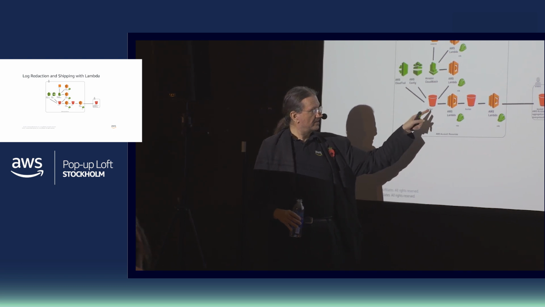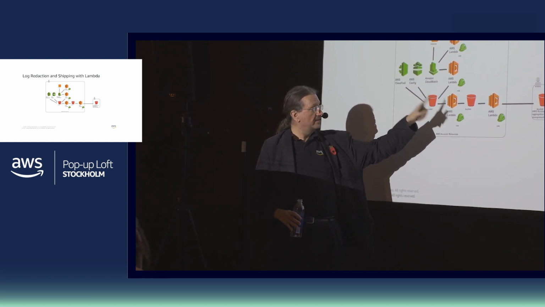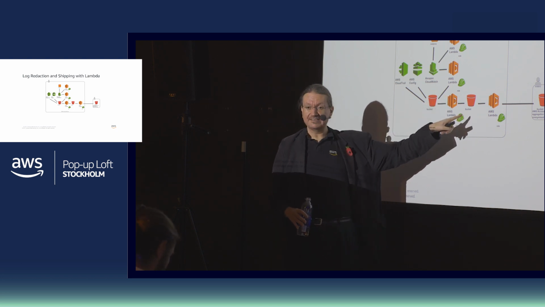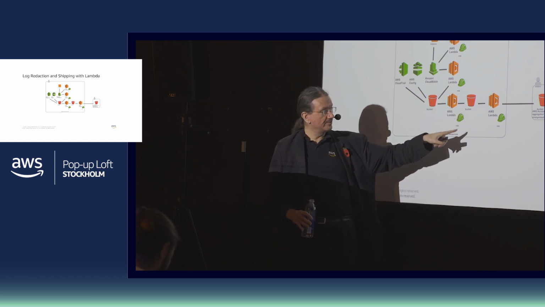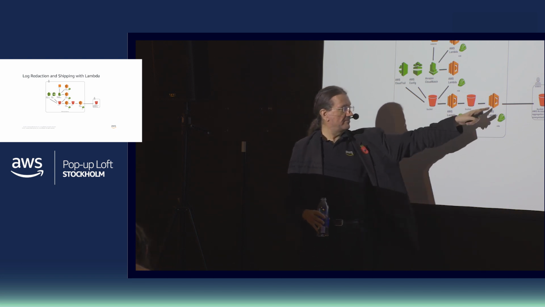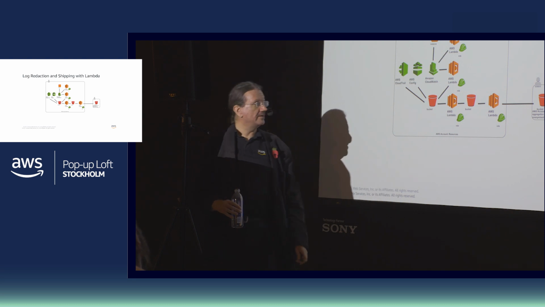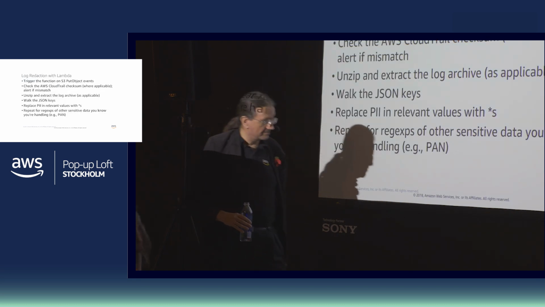So you have your bucket here with your unredacted data in, you have a Lambda function that just does your redaction and drops the redacted data in another bucket so that you can check it, and then you have another function here that does the shipping. You take it whichever way you choose, but both work.